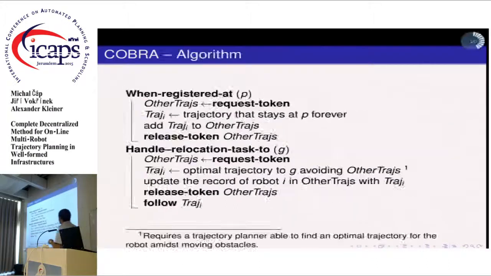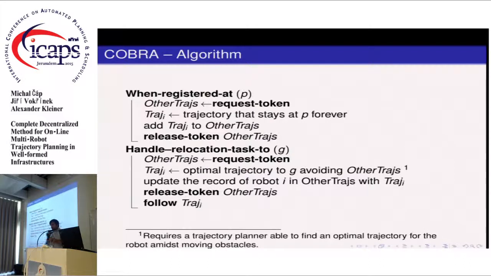So this is a pseudocode of the algorithm, very simple. Basically, whenever I'm assigned a new relocation task, I request this token, so I'm sure that I'm the only one who is planning in the system. Then I find an optimal trajectory that avoids all the trajectories that are stored in the token.